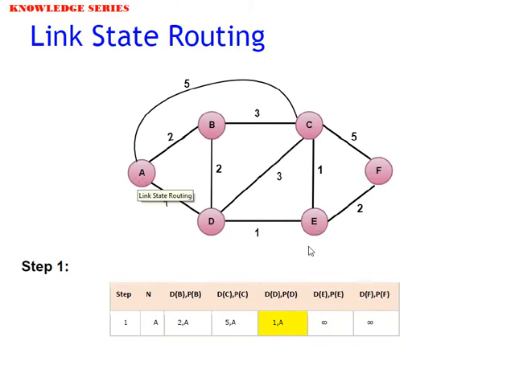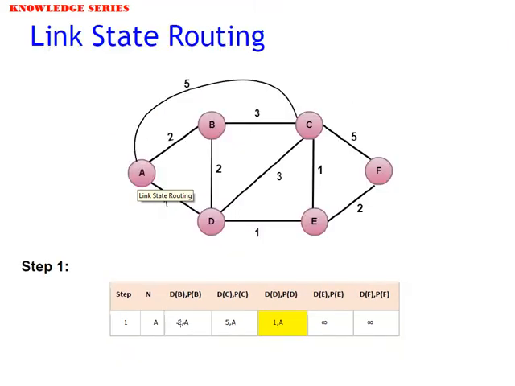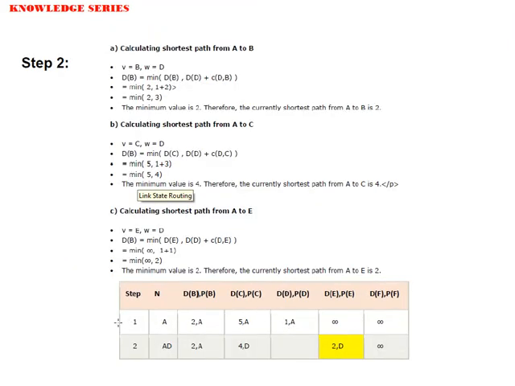This is step 1. Now we go to step 2. This step 1 is written here, and we try to see step 2. In this step 2, we are going to write another N, which is D. Why?